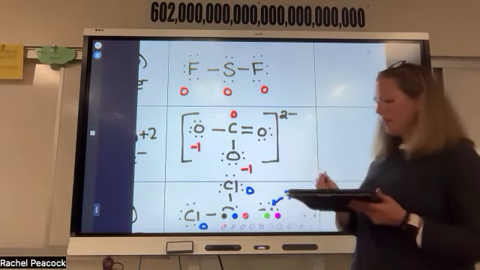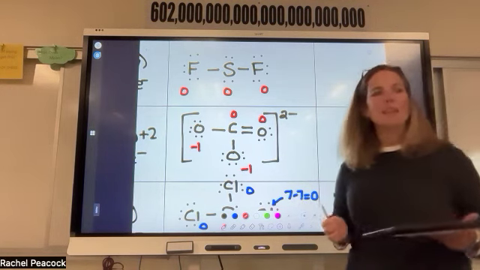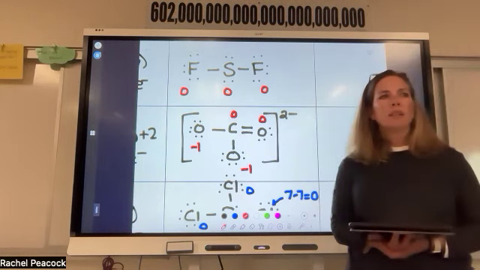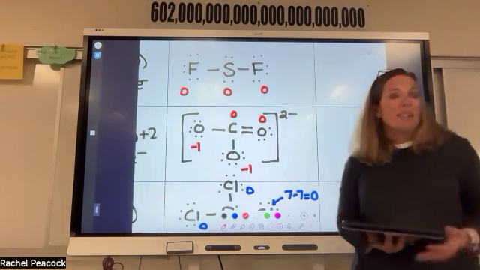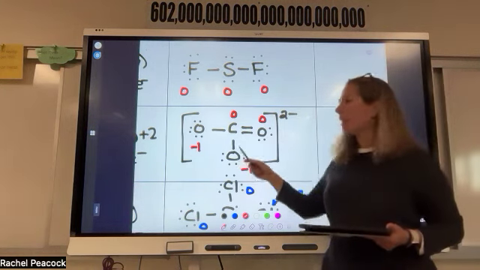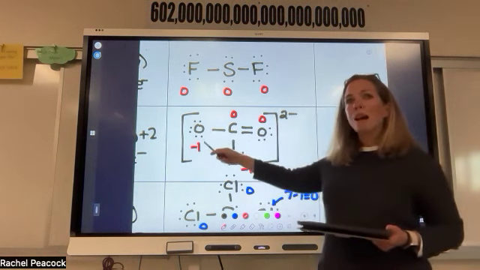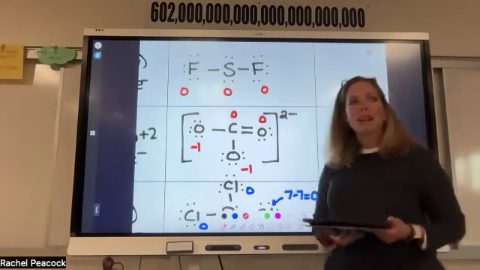What about this one? 0. Now what's the only thing that's going to change if I move where the double bond is? The formal charge of each specific oxygen. If I put the double bond here, this is going to be 0 and these two will be -1. If I put the double bond here, these will be 0. This will be 0. These two will be -1.